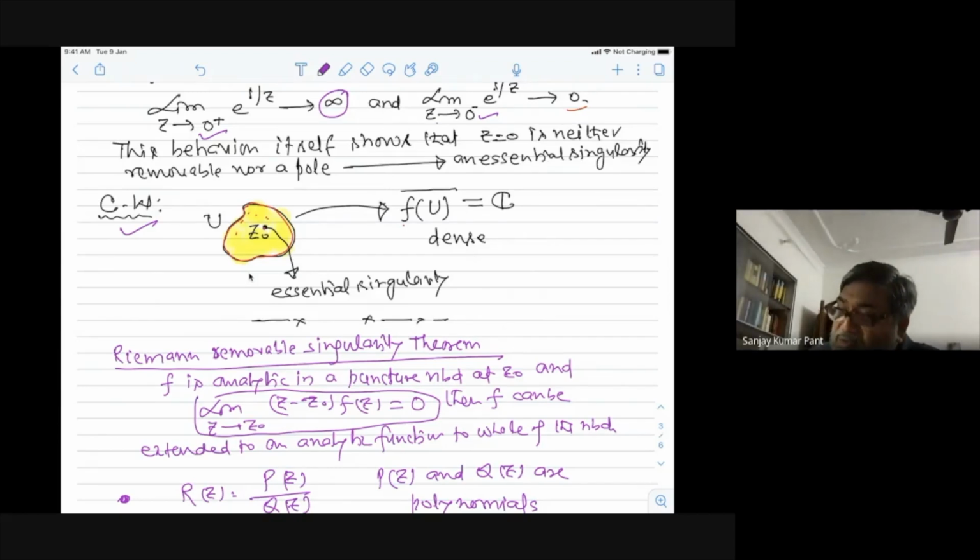It means you choose any neighborhood of the essential singularity, and its values under f can be made arbitrarily close to any complex number. This is the Casorati-Weierstrass theorem. This type of phenomenon happens with the essential singularity.